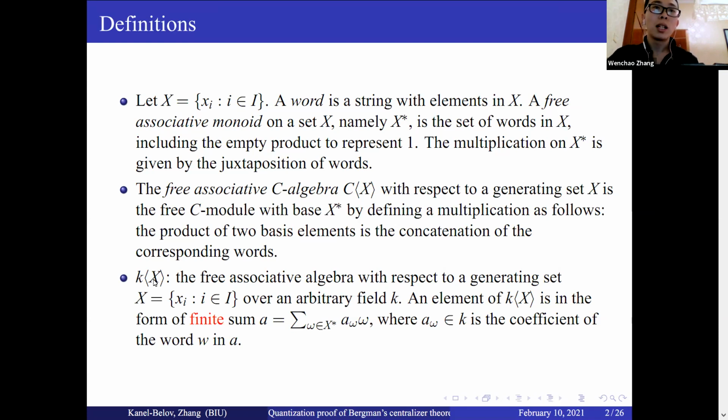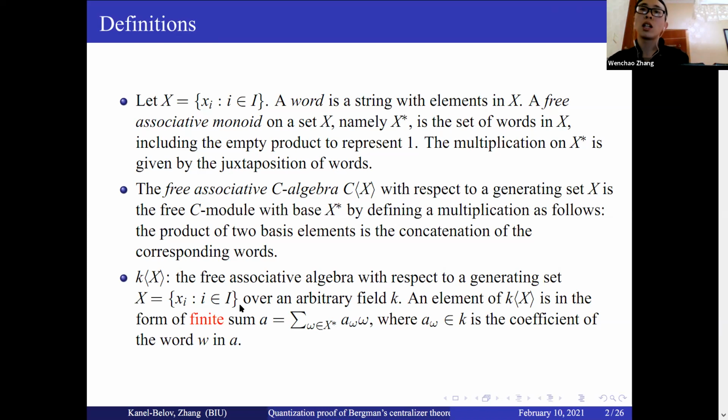It's over a base field K, and it's characteristic free, and this K angle X is with respect to a generating set X. This X is, as we said before, arbitrary.